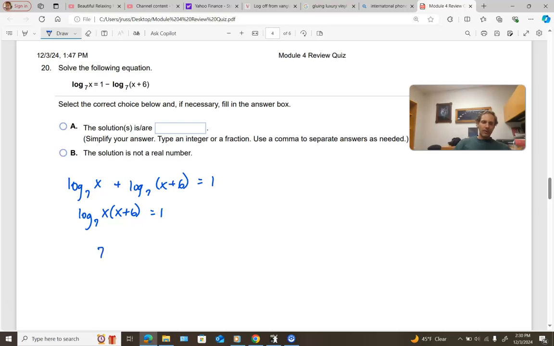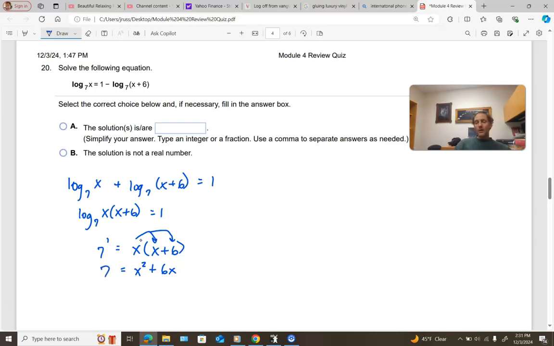Leave that 7 where it is, give it an exponent of 1, and then move that argument to the other side. Then what we need to do is distribute this x. And this will give us x squared plus 6x is equal to 7.